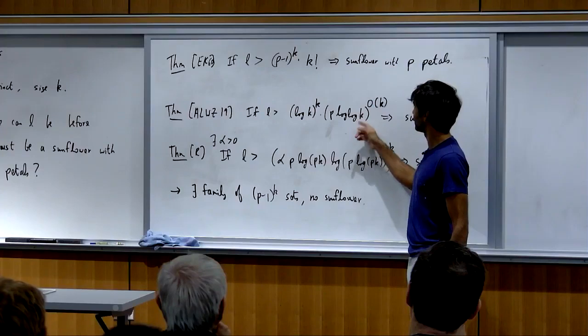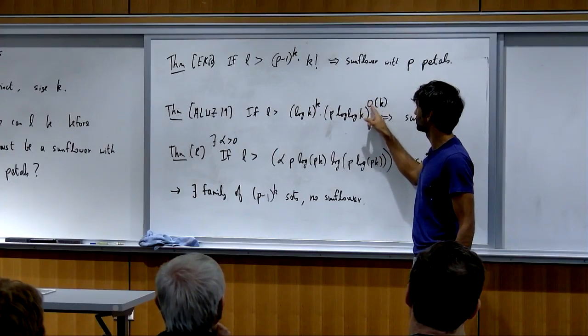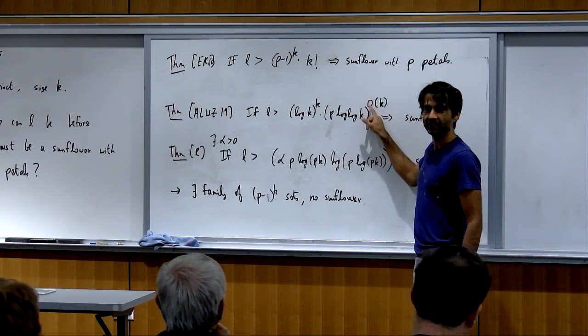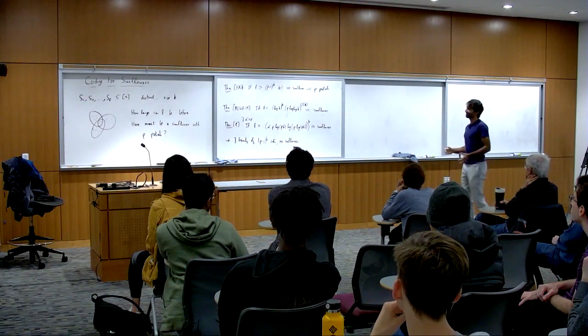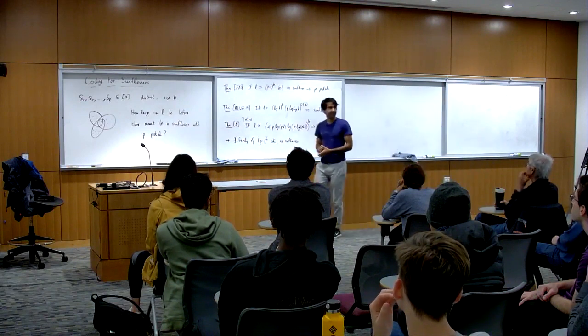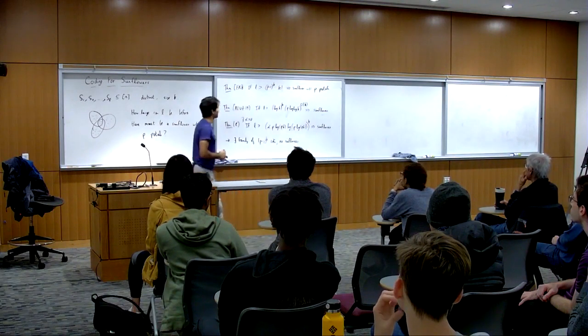So the dependence on p is a little bit better. But it turns out that actually in their proof, this constant here can be brought very close to 1. Their proof is very complicated, so it's hard to actually understand what the constant is. Yeah, I'm not exactly sure how they compare.